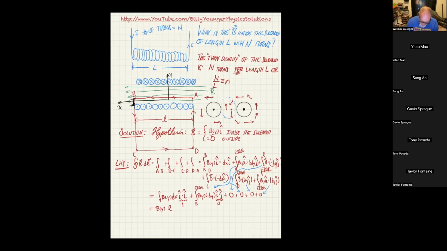Now the right-hand side, which is the one that's potentially more difficult, is mu 0 I enclosed.